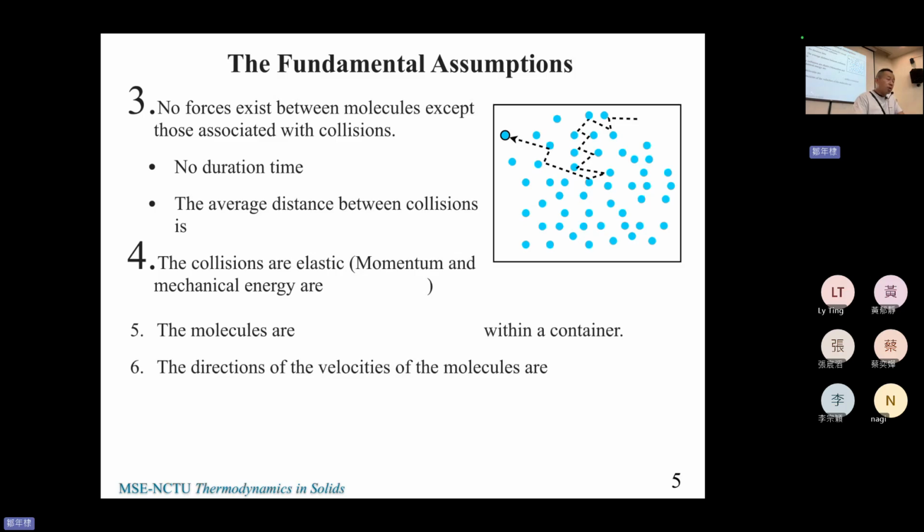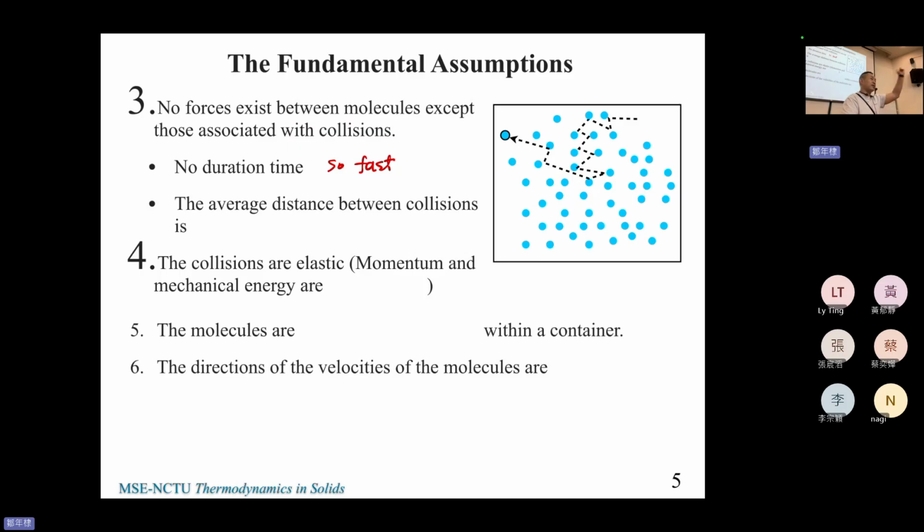Okay, continue. The third assumption: no forces exist between molecules, because they are far away from each other, except those associated with collisions. They will bump into each other. But there is a further assumption: no duration time, because the traveling is so fast.